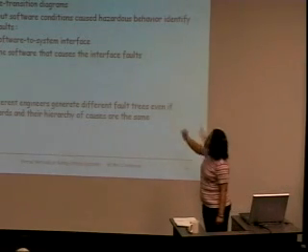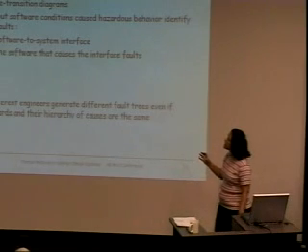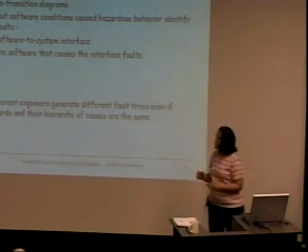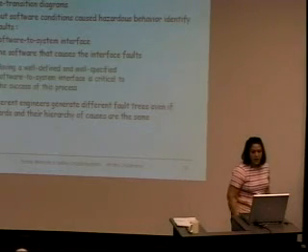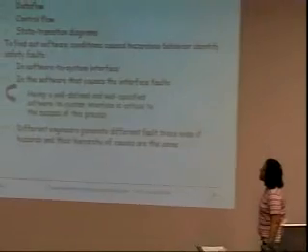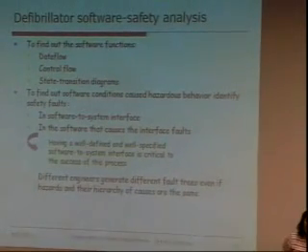Two parts are important: the software-to-system interface, and also the software itself that causes the interface faults. Because of that, having a very well-defined and well-specified software-to-system interface is critical.